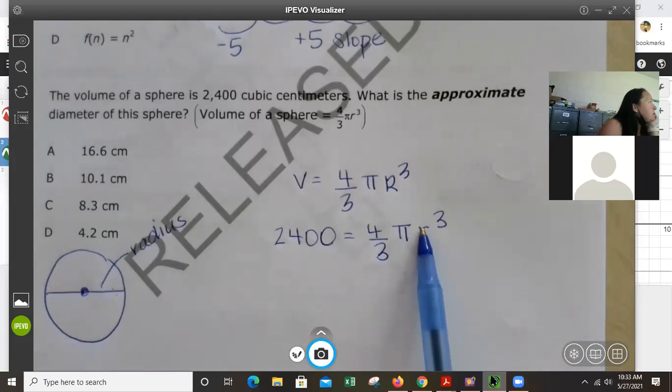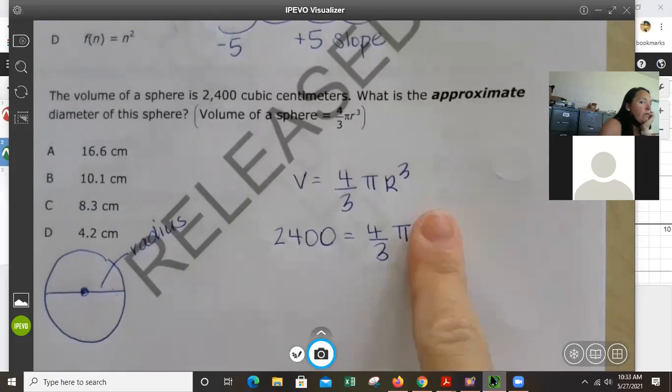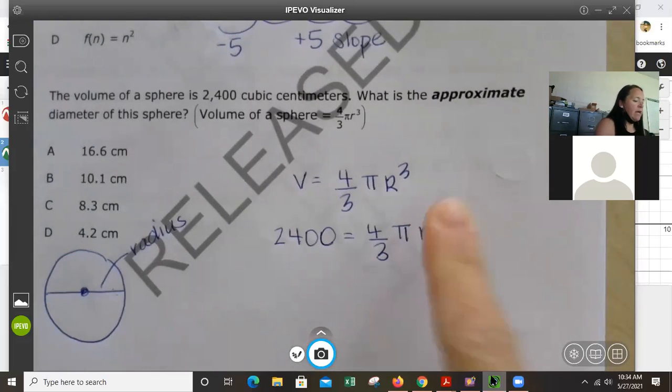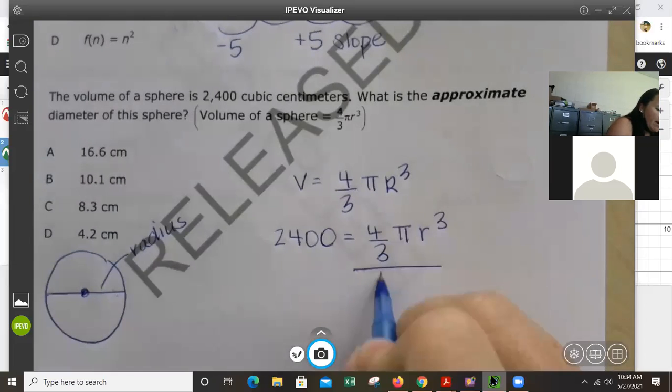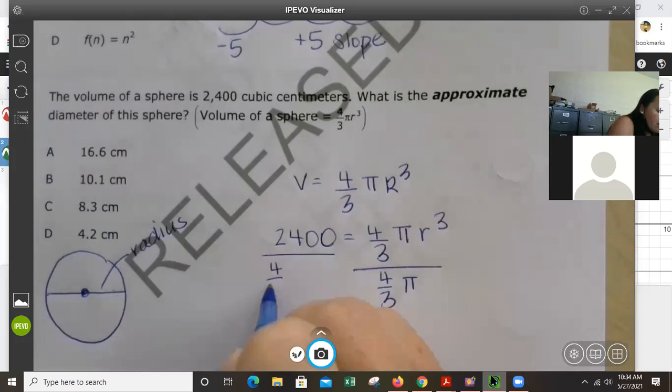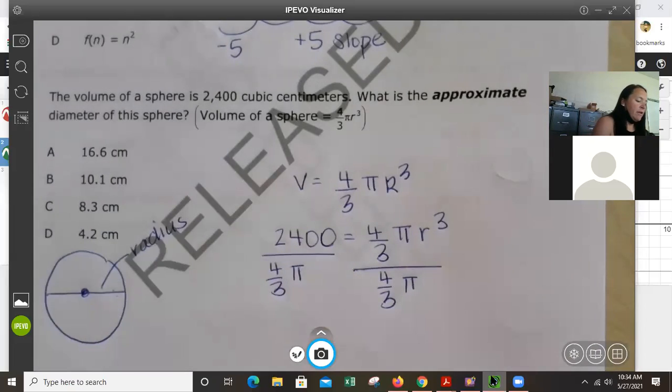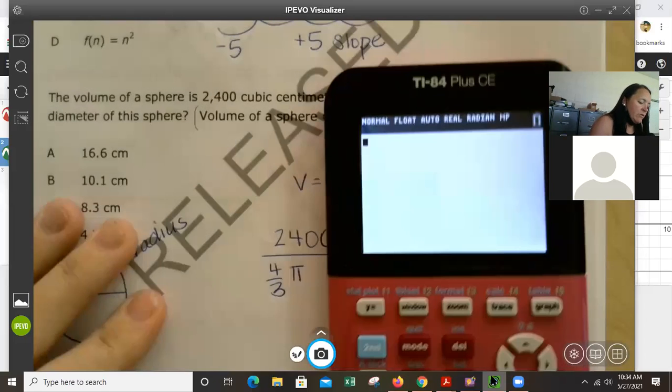You guys just did a question like this. If I want to get R by itself, 4/3 pi. How do I get rid of it? Divide it, right? We can do that on the calculator. Don't worry about it being 4/3 pi. What I do to one side, I do to the other. I'm going to put this in my regular calculator for right now just because it's easier for me to put it on the screen.